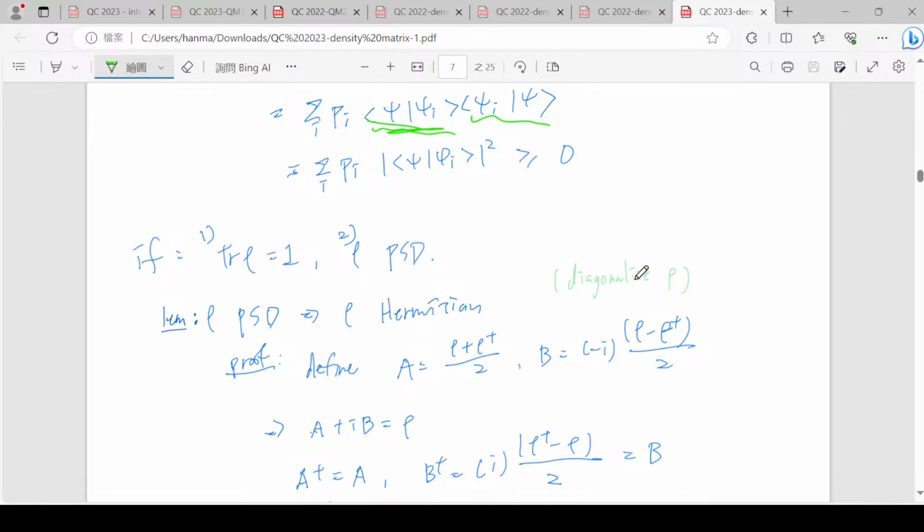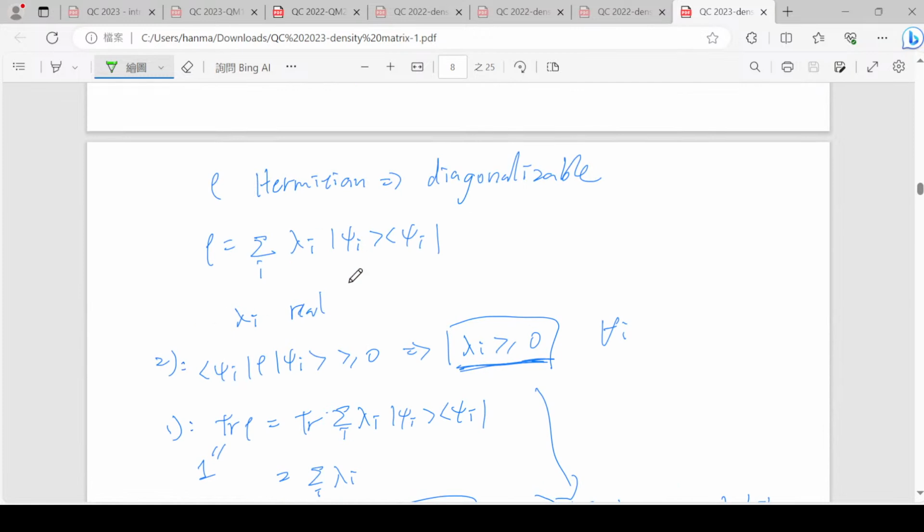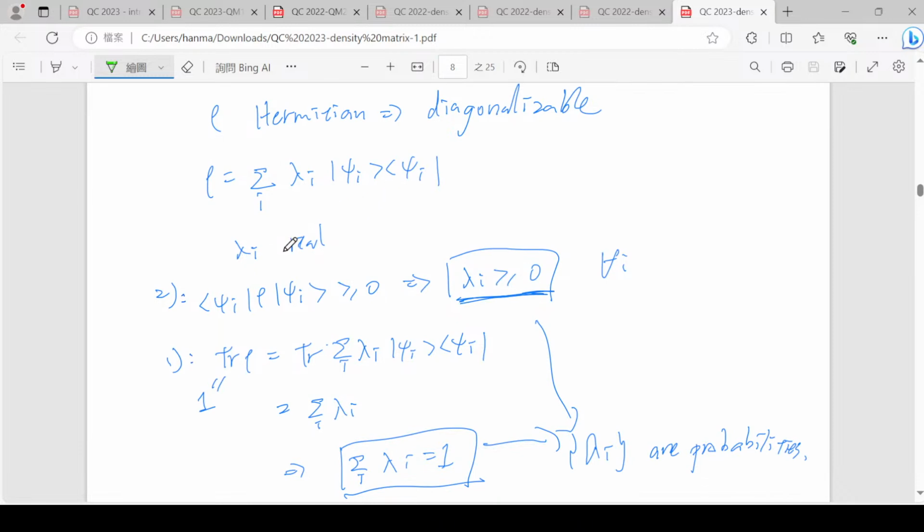You just diagonalize rho. So if we diagonalize rho, then we have rho equal to the sum of lambda_i psi_i psi_i dagger, and then we can use the two conditions to get some information about this lambda_i.